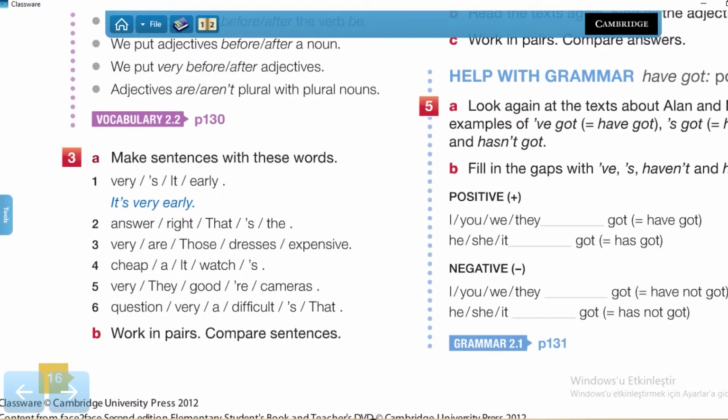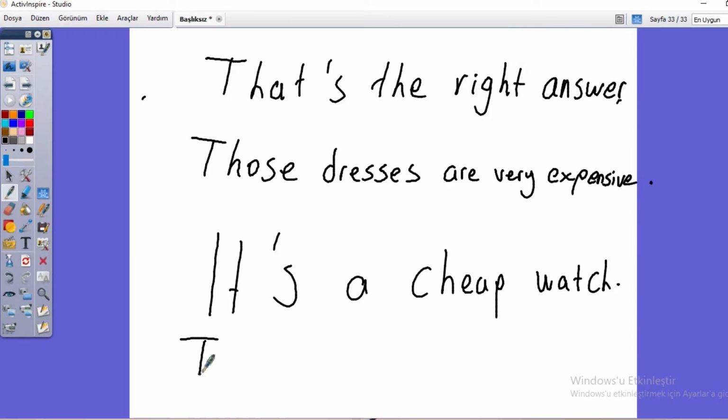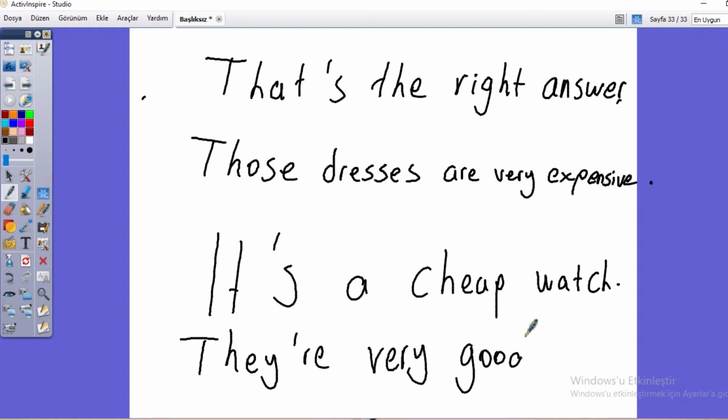Number 5. The subject pronoun here, they, and to be is are. They are very good cameras. Cameras, the noun, good is the adjective, and we use very before adjectives, subject pronoun, and to be.